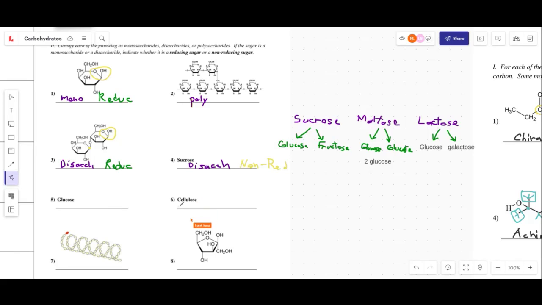They won't tell you what it is. Is that a monosaccharide, disaccharide, or polysaccharide? Poly, yep. That's what wood and trees and plant matter are built out of: cellulose, a polysaccharide. All I remember from that one is that you can't digest it.